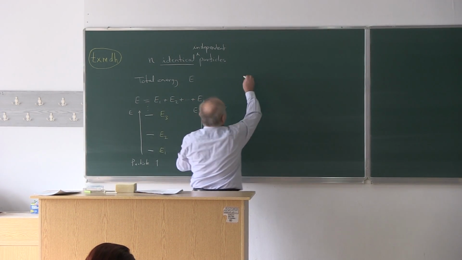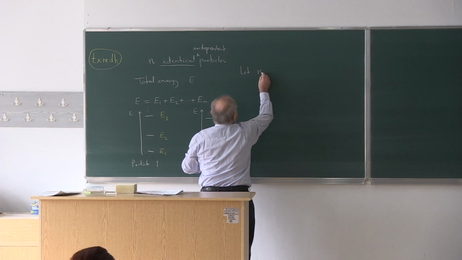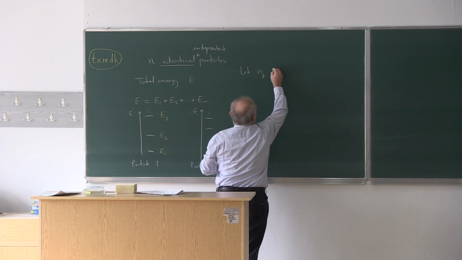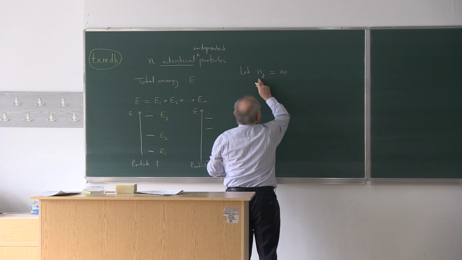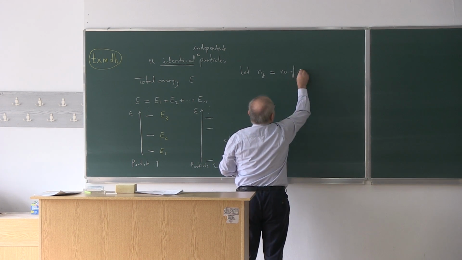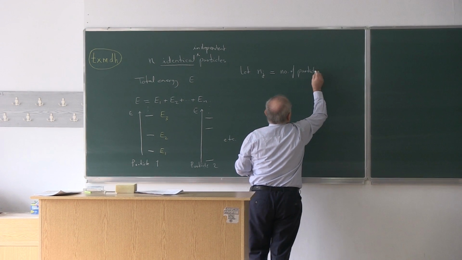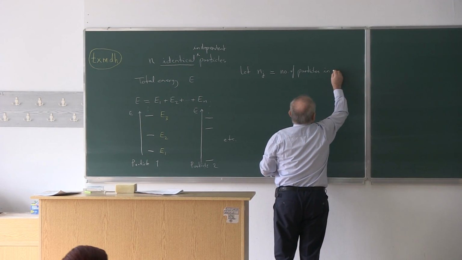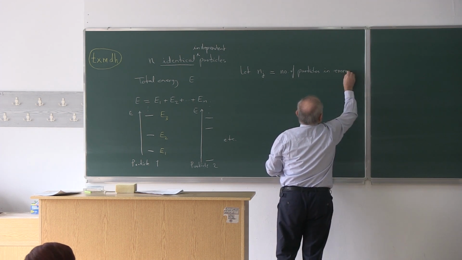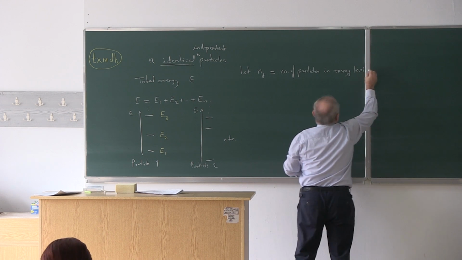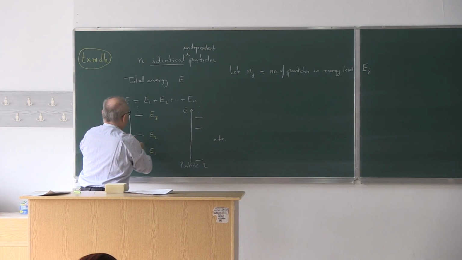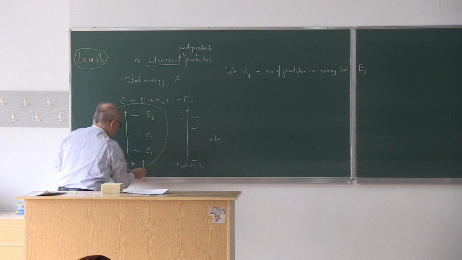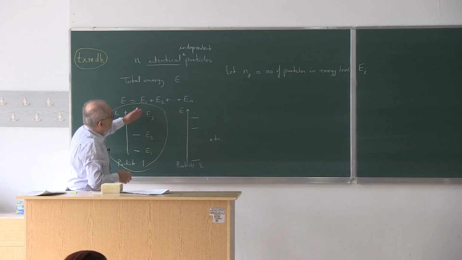Let us define n sub j as the number of particles in energy level Ej. We are considering this energy level diagram.